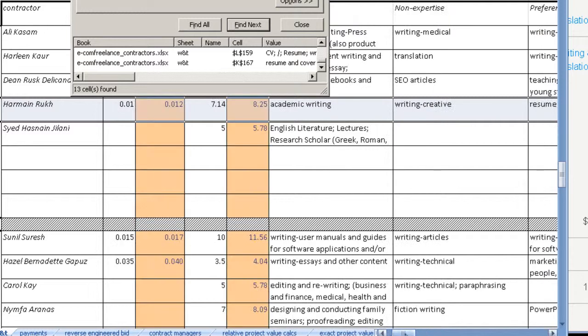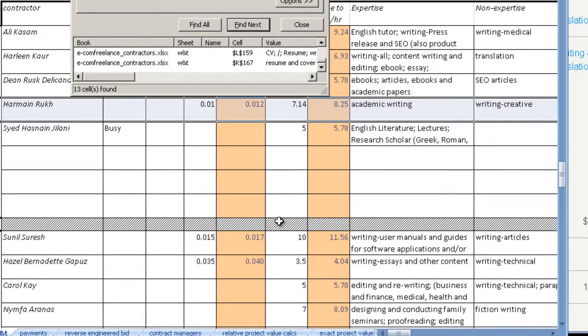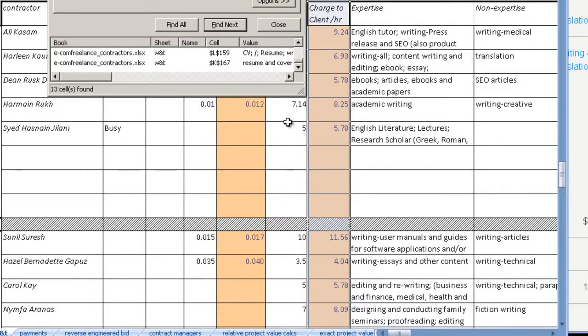Okay, Harmain, this person, their bid is just a little bit over the amount that the client wants to pay. Their regular rate is $7.14, and the charge to the client here would be $8.25.